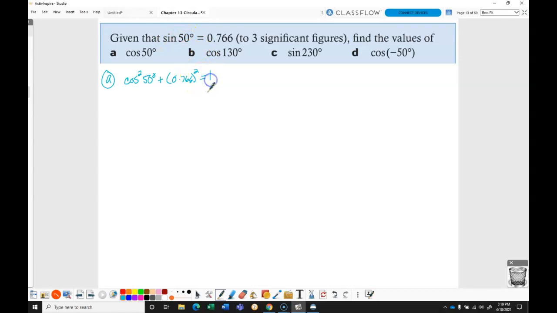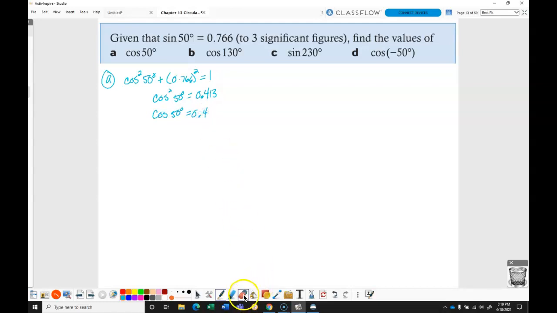So if I know the cosine of 50 degrees, looking at letter B here, B is asking me then to find the cosine of 130 degrees. Well, let's think about that. I know what the cosine of 50 degrees is, and the cosine is my x-coordinate. Actually, I need to go back because we are talking about 50 degrees. We only want the positive of this.